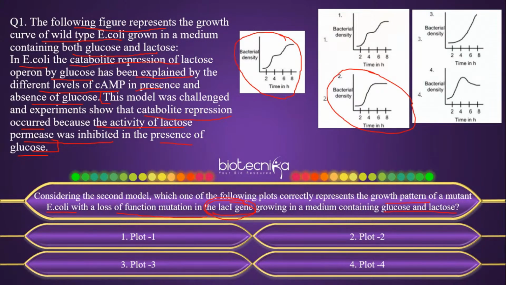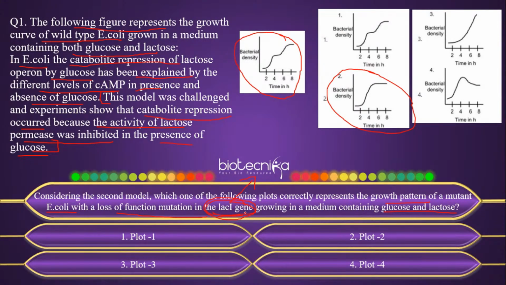So for those of you who have given the incorrect answer, lacI indicates what? It indicates the inhibitor. But here what is mentioned? Loss of function mutation occurred in lacI gene. So if there is a loss of function mutation in lacI gene, what does it lead to?